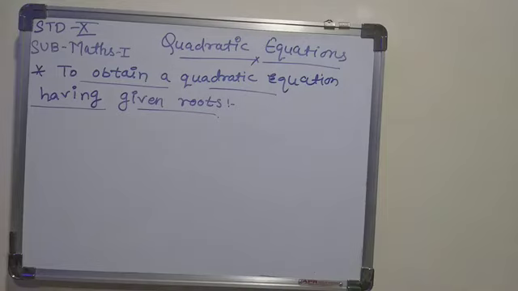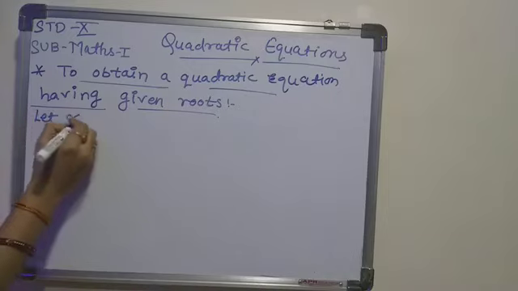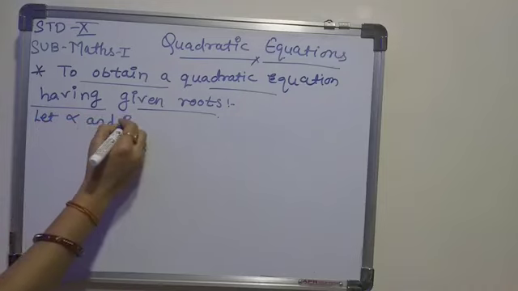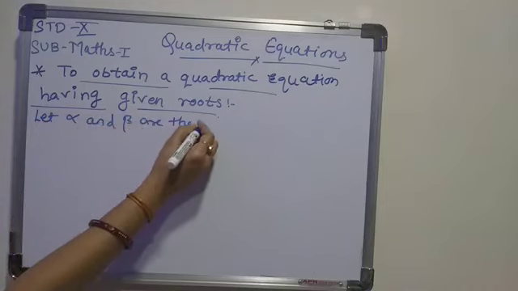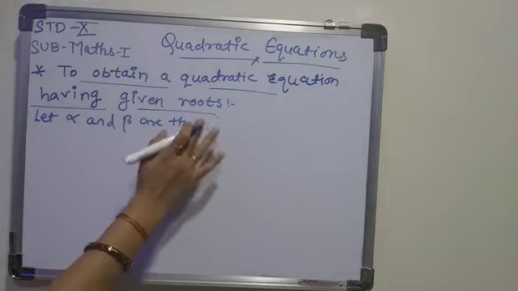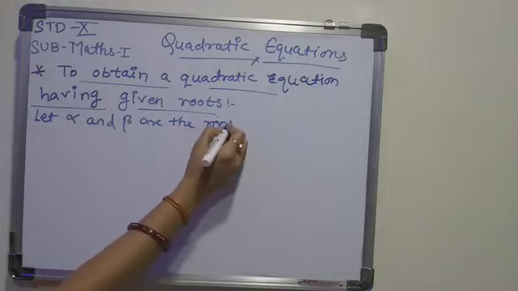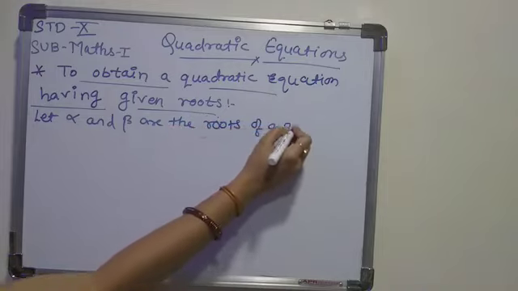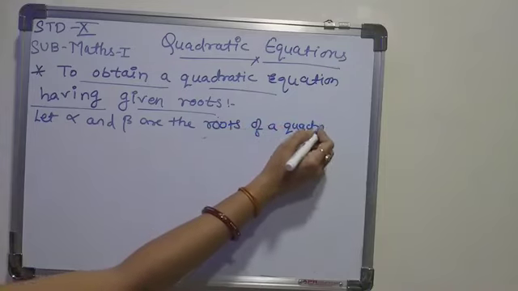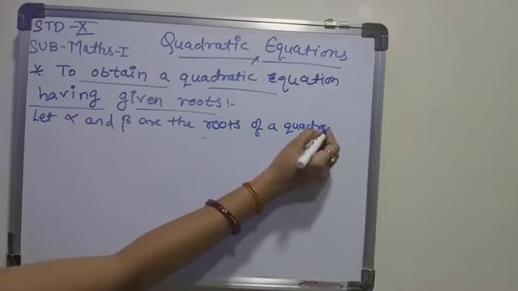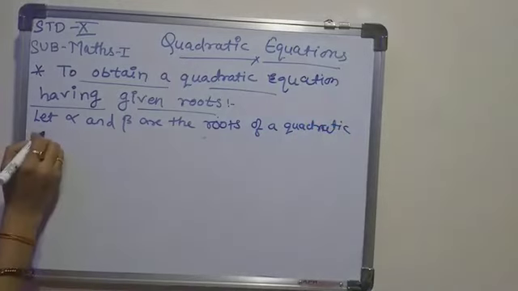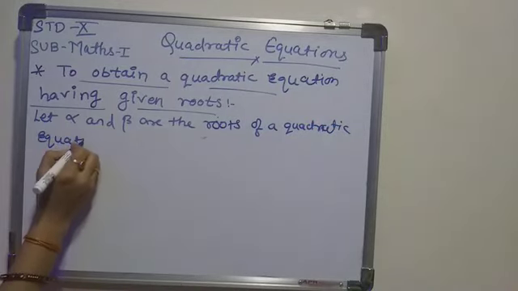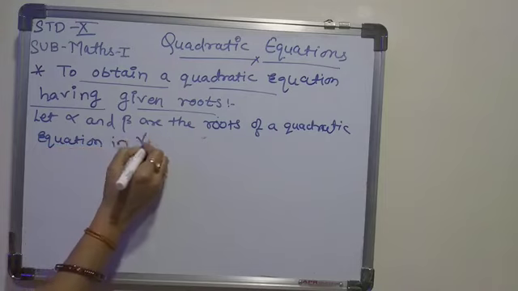Okay, so our next topic is to obtain a quadratic equation having given roots. So we are going to assume let alpha and beta are the roots of quadratic equation in variable x.